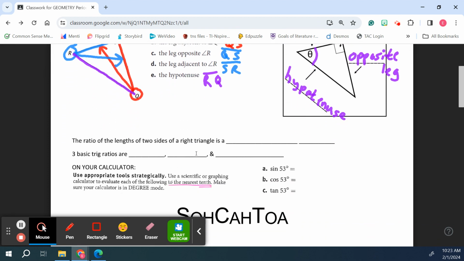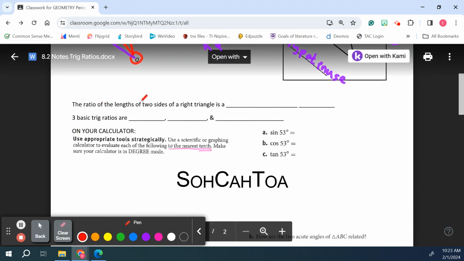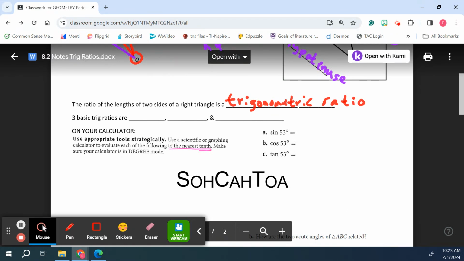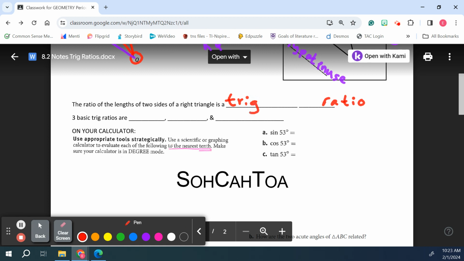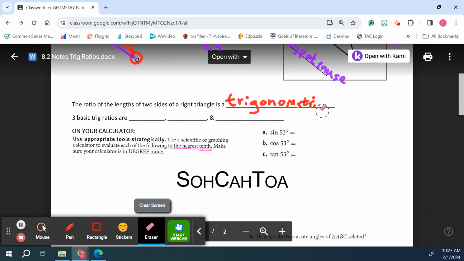Okay. Let's take a look at the ratio. All right, so it says the ratio of the lengths of two sides of a right triangle is called a trigonometric ratio. So I'm trying to clean this up a little bit for you guys.